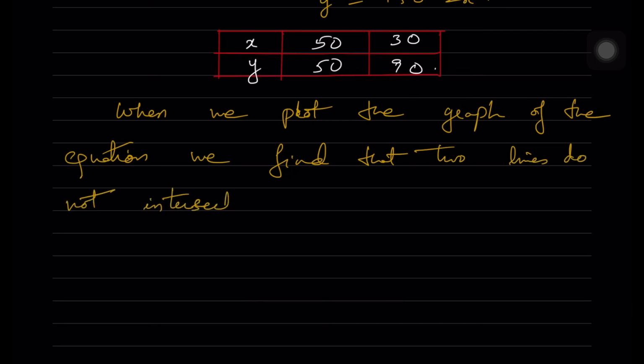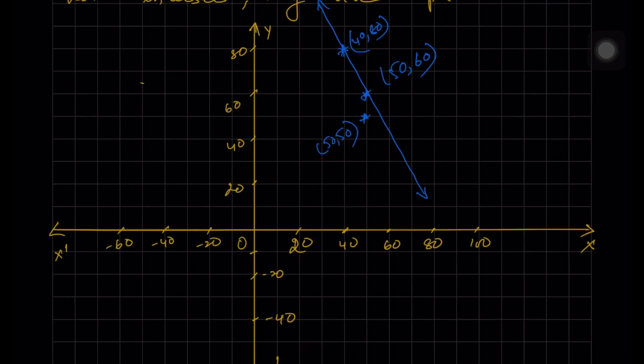So now the graphical representation. Equation 1 we are considering, that is 2x plus y is equal to 160, y is equal to 160 minus 2x.